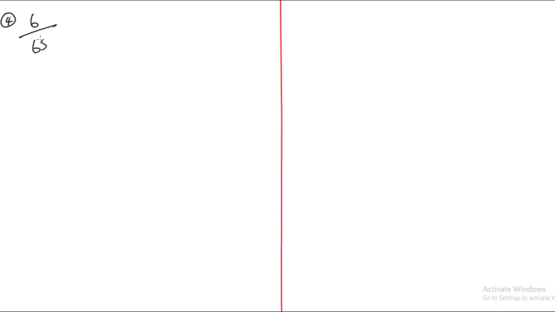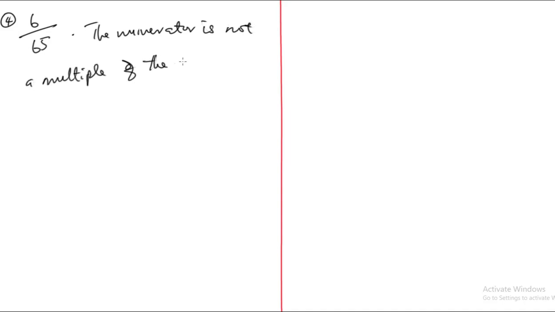So let's take a look at the next example, 6 over 65. The numerator is not a multiple of the denominator. So what we do is we proceed with our division table.